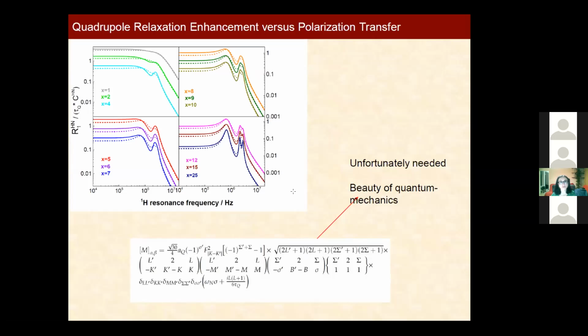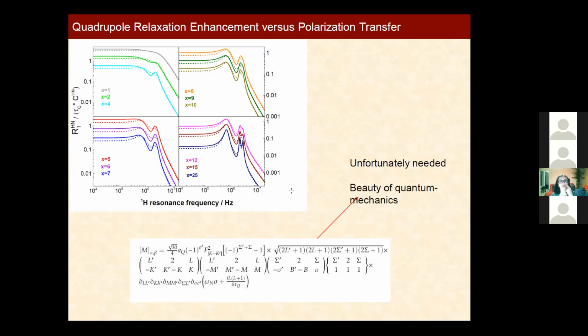For sure, remember the lecture of Joseph. He was talking about paramagnetic relaxation enhancement and the so-called Swedish slow motion theory, or Stockholm slow motion theory, when one solves fully the Liouville equation to get paramagnetic relaxation enhancement.